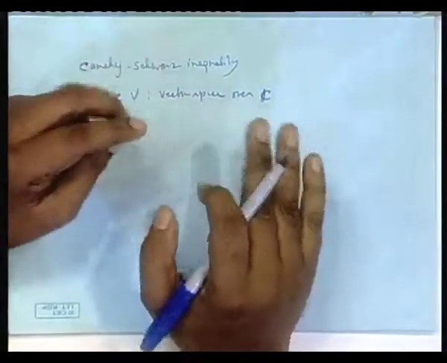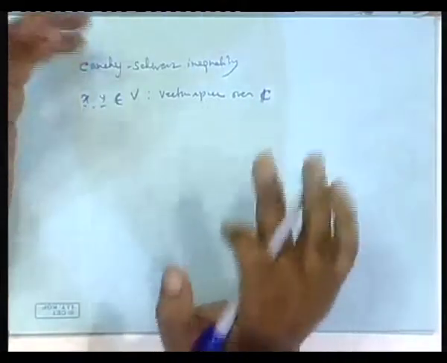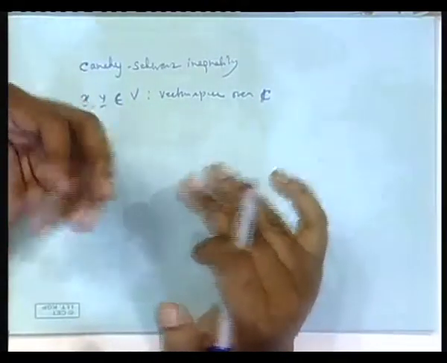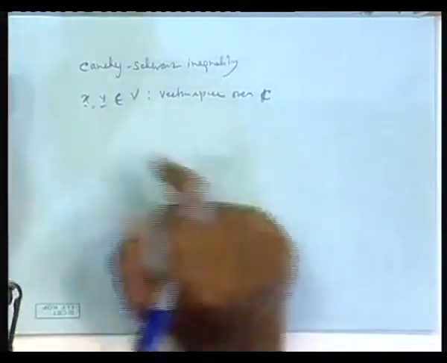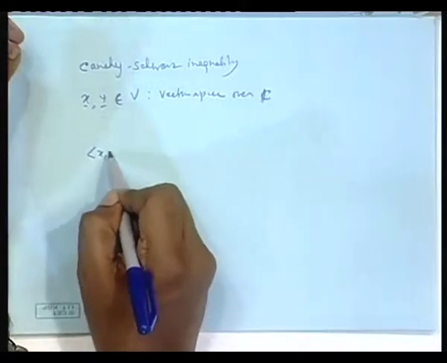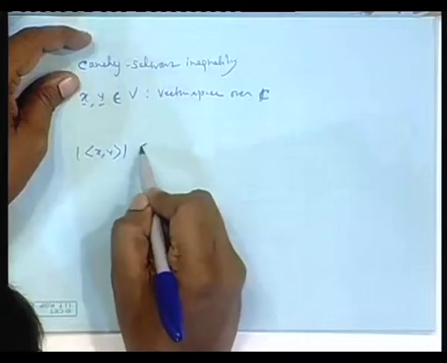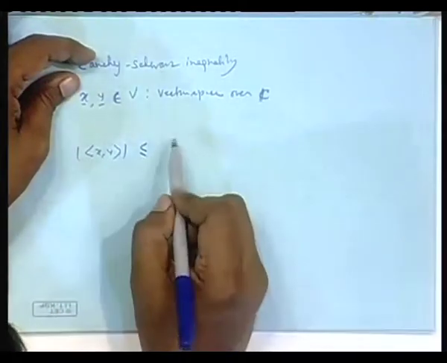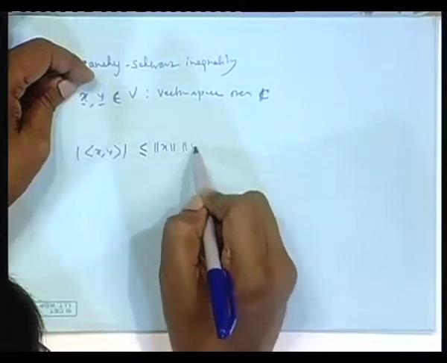There is a problem. I have to define more, that's high stuff mathematics. You have to define a more generalized Cauchy-Schwarz for any arbitrary field and all that. That's mathematics. This says that if you take the inner product between them and take the mod, this is always less than or equal to the norm of this into the norm of this.